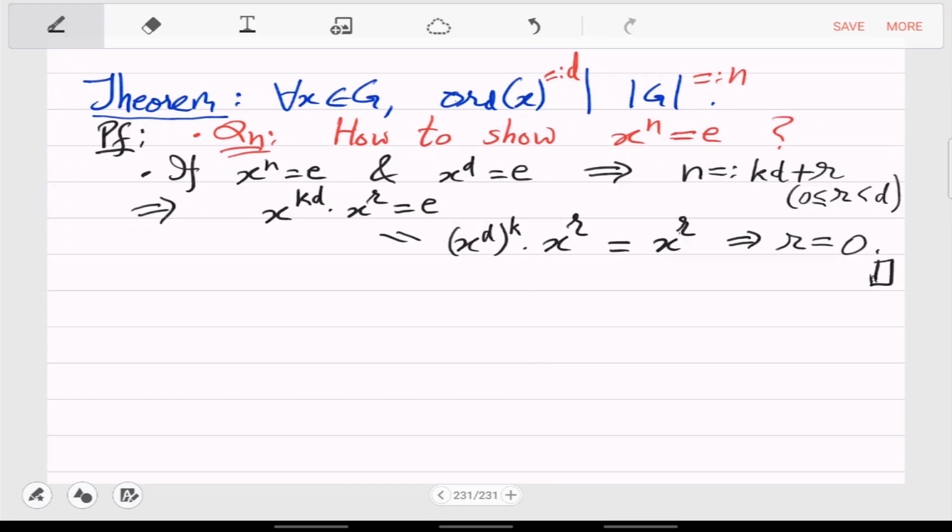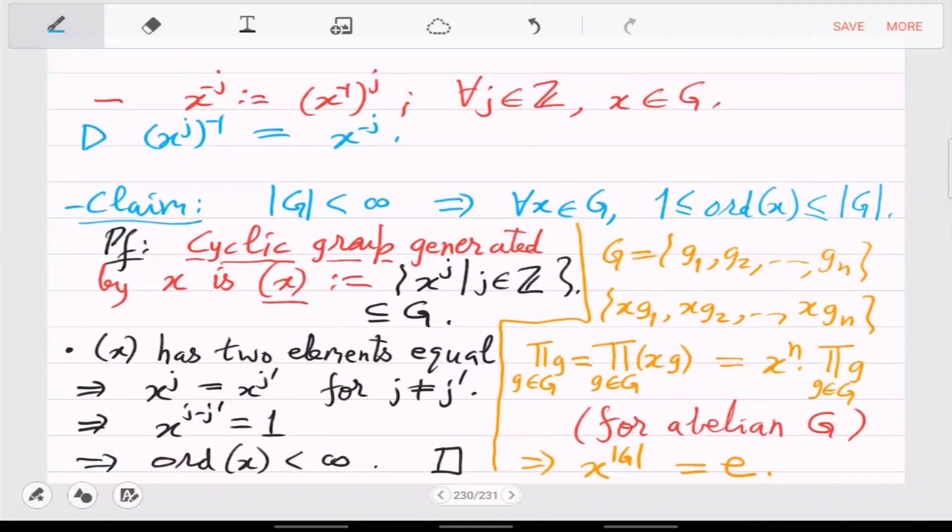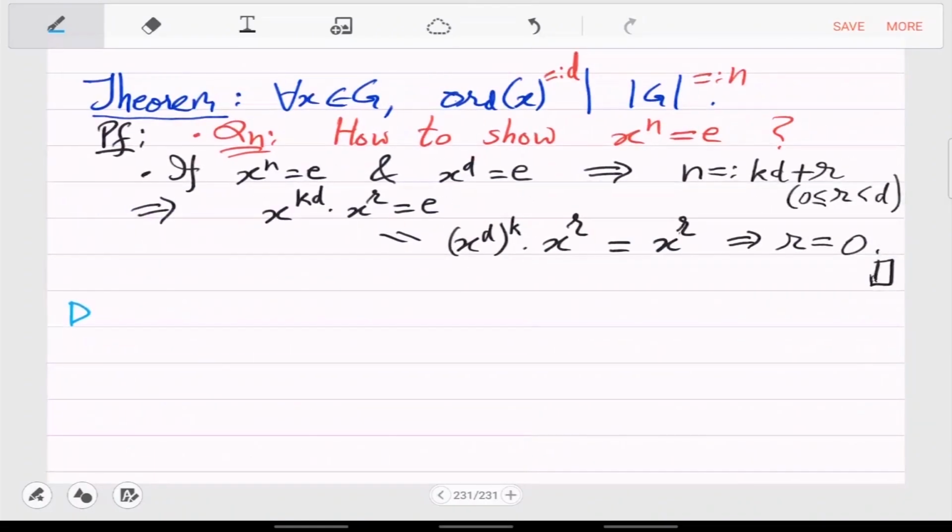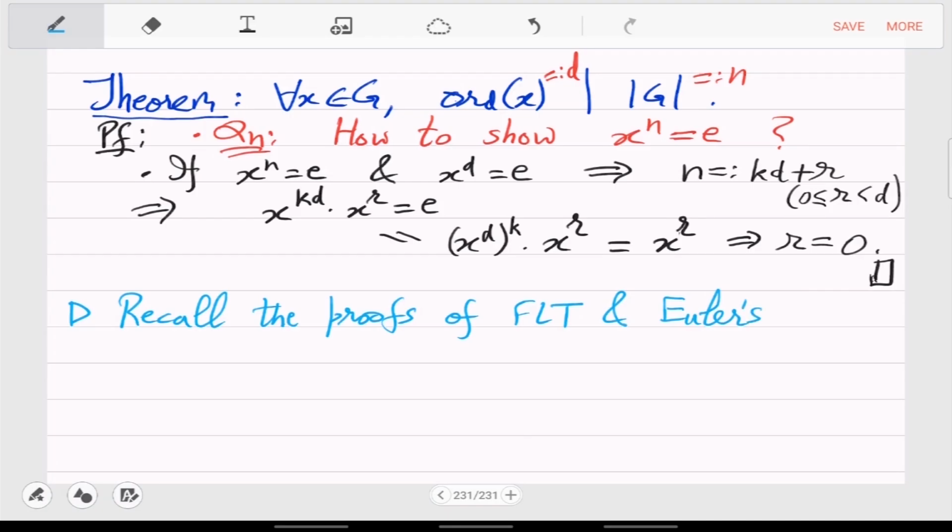Okay, so you can just recall the proofs of Fermat's little theorem in this new light.